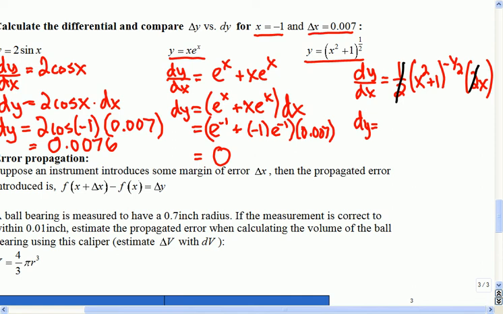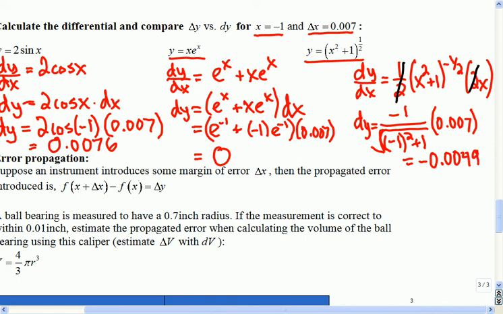So I would have -1 over the square root of (-1 squared plus 1), and it would all be times dx, which is 0.007. So -1 divided by the square root of 2. So I get about as much change as, let's call it, 0.49.